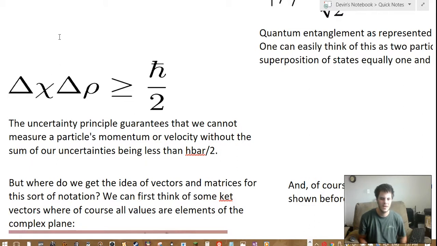You can't tell both of these at the same time. When you multiply them together, they have to be greater than or equal to this. This is your limit on knowing both of these objects at the same time. You can measure one as well as you like, but you're going to lose all of your information about where it was going once you figure out where it is.